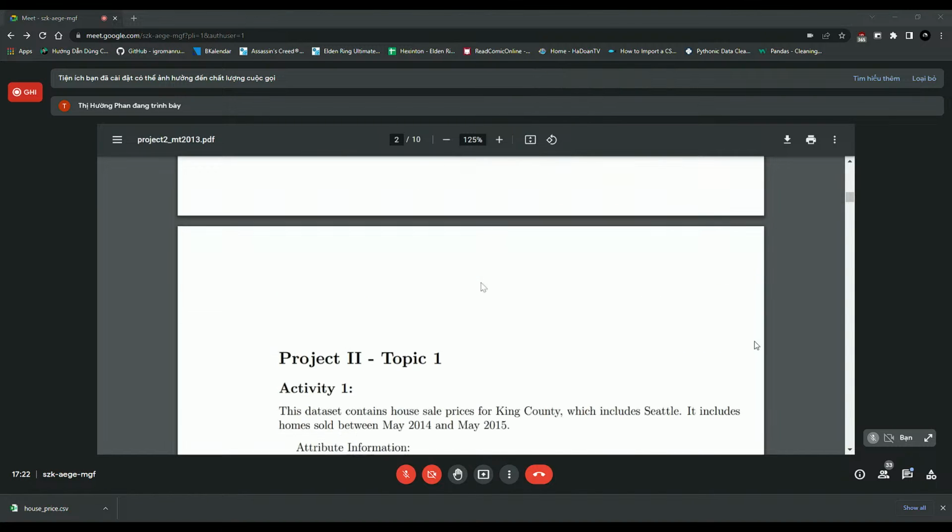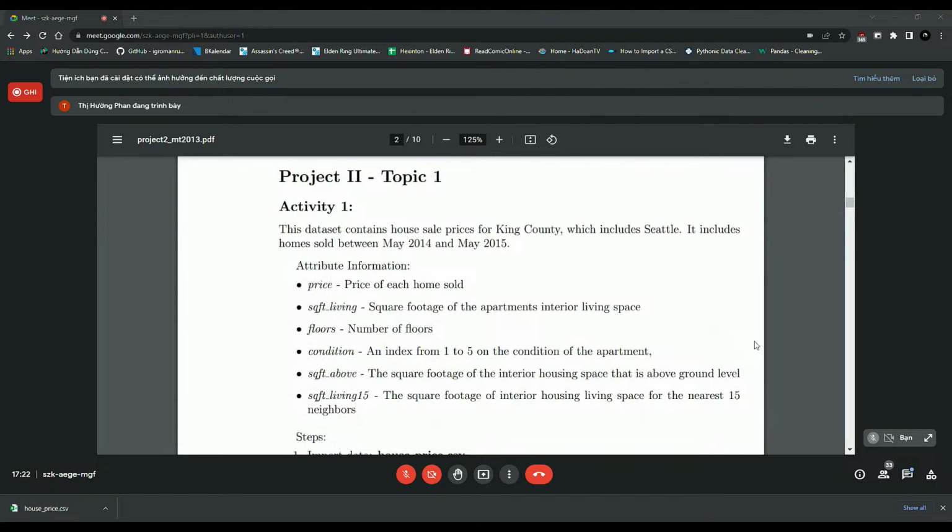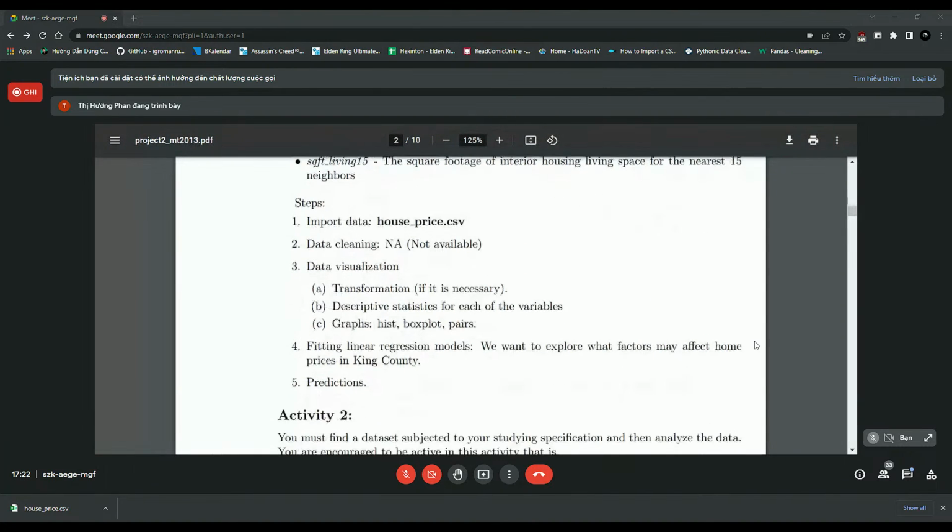If you go down, each group is given one topic, and the given topic has two activities: activity one and activity two. In activity one, as you can see, you are already given the data set. This is a real data set, and you are also given step-by-step instructions on how to deal with the data analysis.